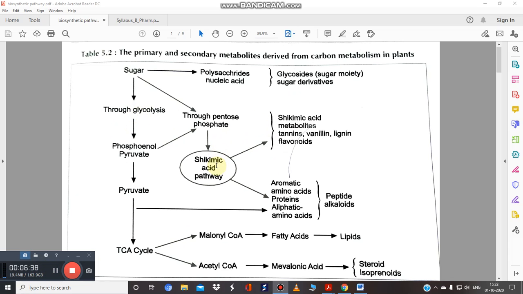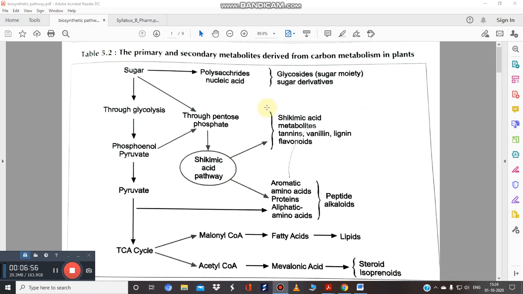The shikimic acid then results in the production of various types of secondary metabolites like alkaloids, and also the production of tannins and flavonoids. So at this step, we have now completed this point and this whole thing.